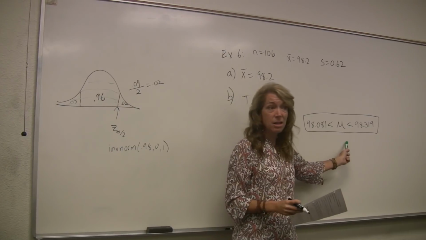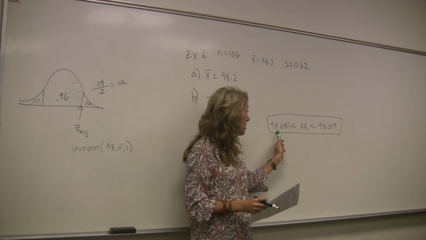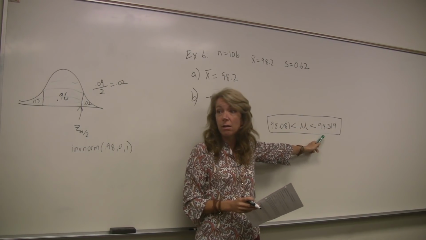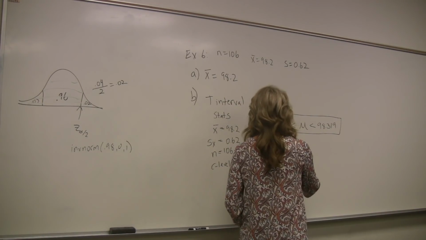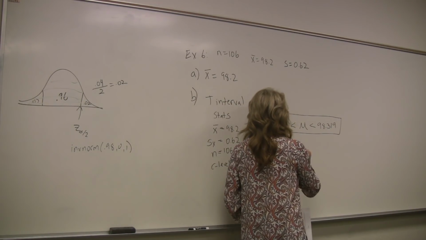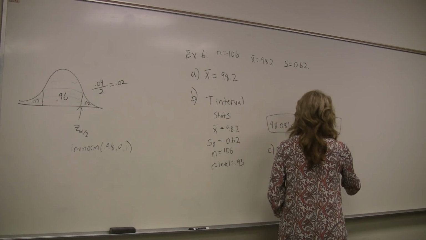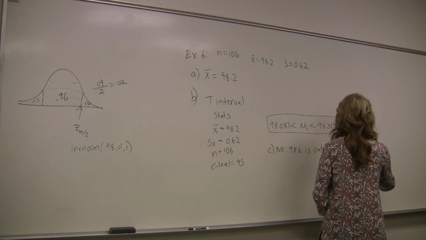According to this, that's actually a little too high, because the mean temperature is somewhere between 98.0 and 98.3. So for part C, no, 98.6 is outside our interval. It seems to be a little high.